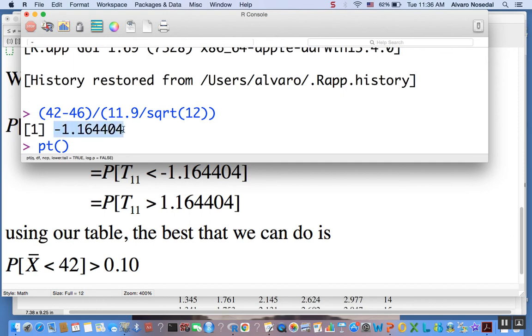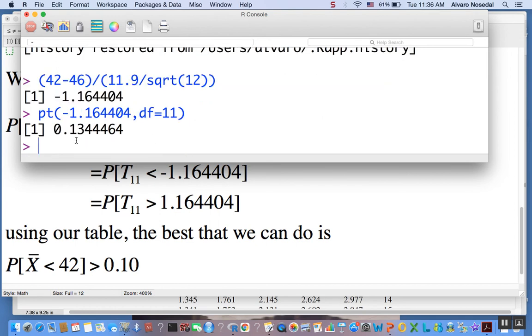In this case, we want to evaluate it here, right? Since the CDF is the probability that a random variable is less than or equal to something, that's what we want. And the other argument that you need is degrees of freedom. In our case, we want 11 degrees of freedom. And using R, we know that the probability that we want is exactly 13.44%.